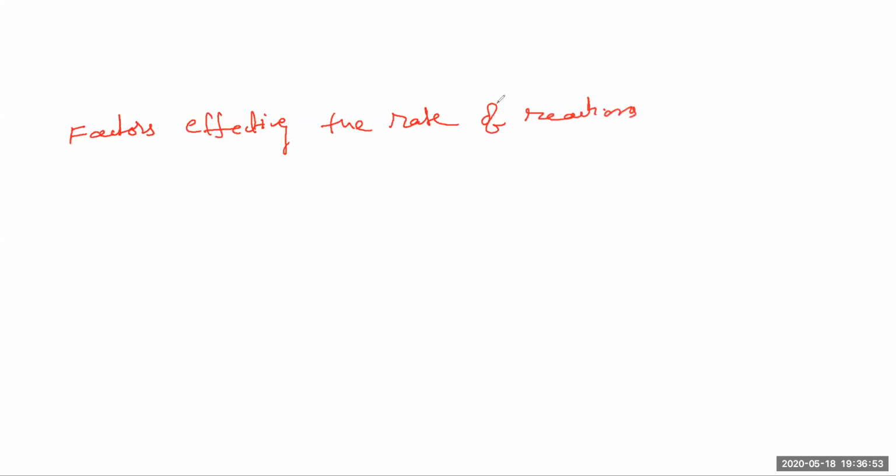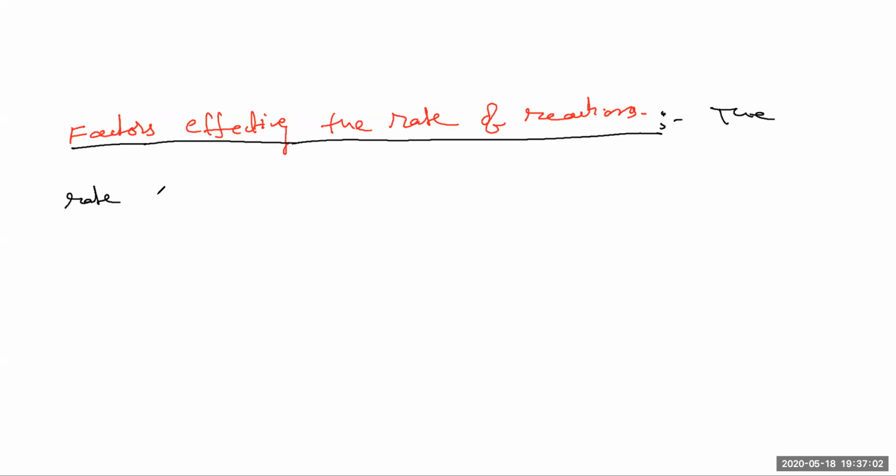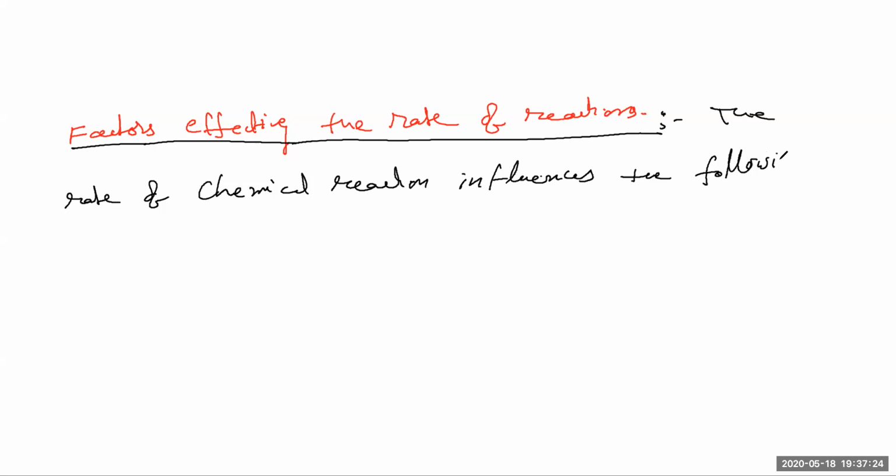So what are the factors affecting the rate of reactions? The rate of chemical reaction is influenced by the following factors.